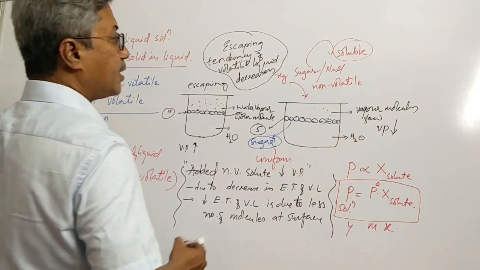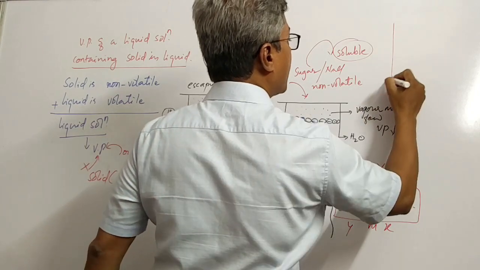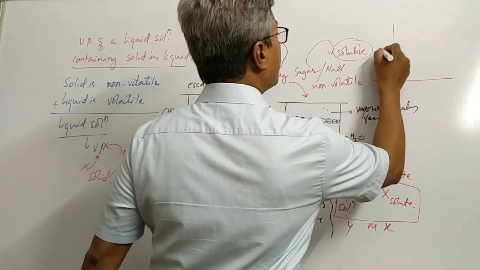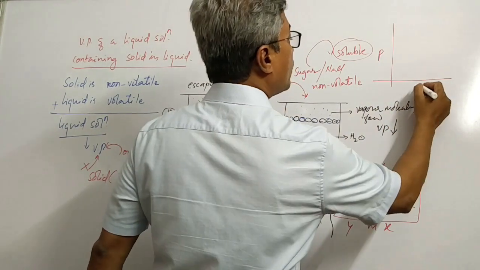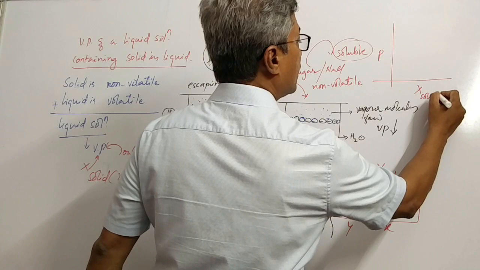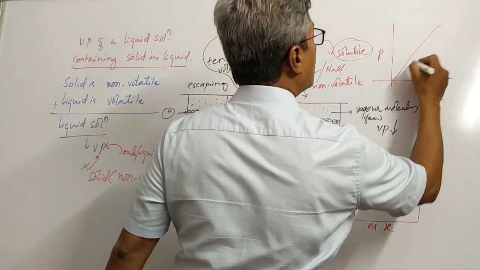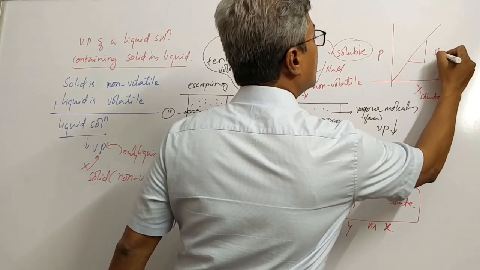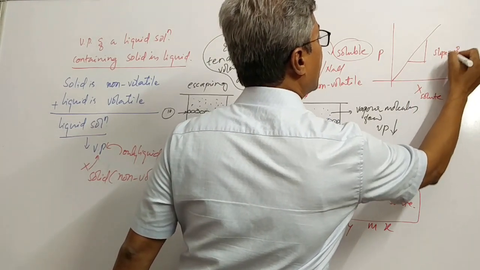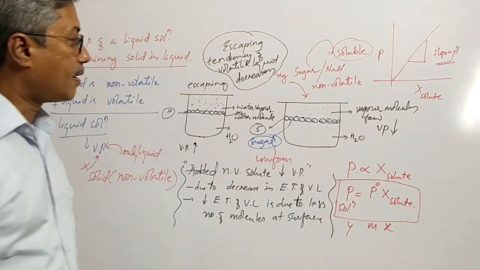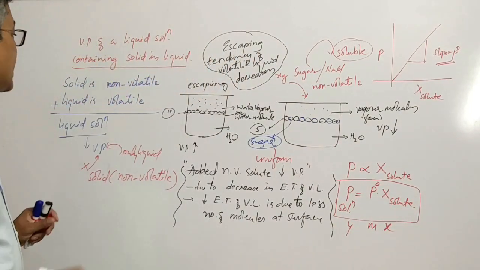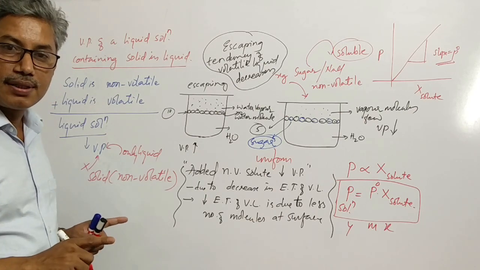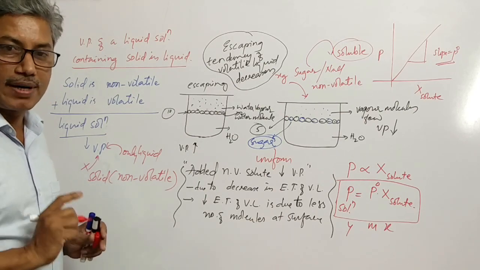It means that if you plot a graph of y versus x, where y is the pressure of the solution and x is the mole fraction of the non-volatile solute, then you will get a straight line passing through the origin without any intercept, whose slope is P naught. Is it clear, students? Well, this is about the role played by non-volatile solute added into a volatile solvent.